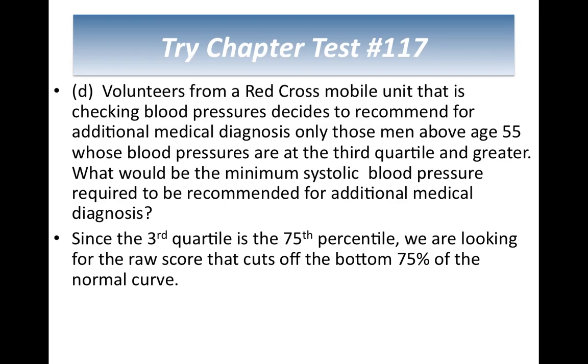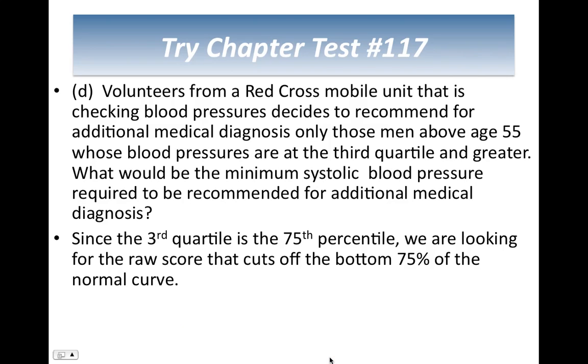So in a bell curve, 75% would be somewhere at this point. 75% of the area would be all the area to the left, and we have to find that missing score that cuts off the bottom 75%.